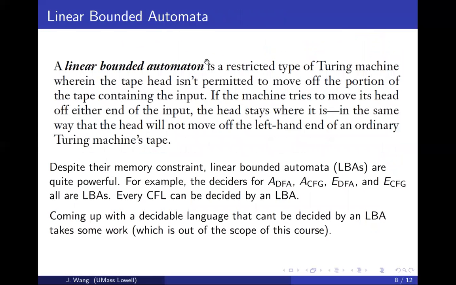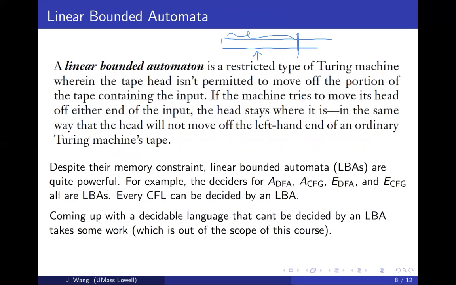A linear bounded automaton is a restricted type of Turing machine wherein the tape head isn't permitted to move off the portion of the tape containing the input. So say you have a tape, and then you have a boundary here, and your head can only move within this range.